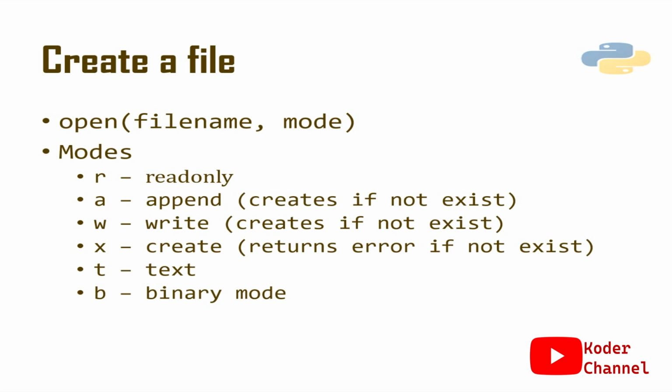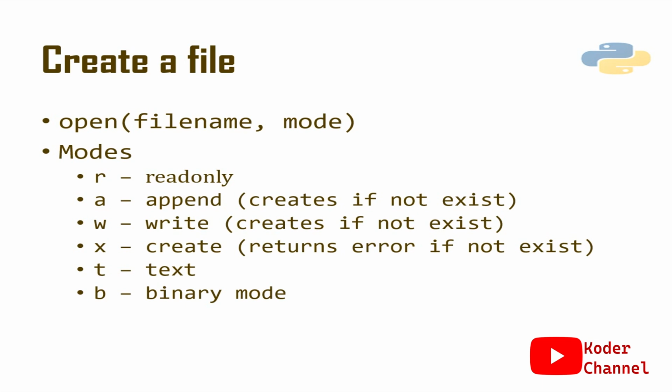Append creates the file if it does not exist. W, if you need to write to a file, creates it if it does not exist as well. X, if you need to create, returns an error if it exists.